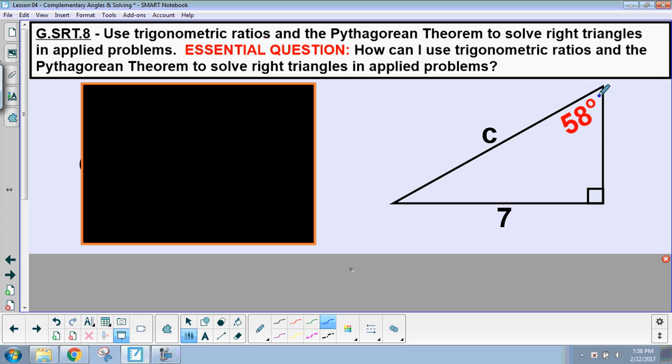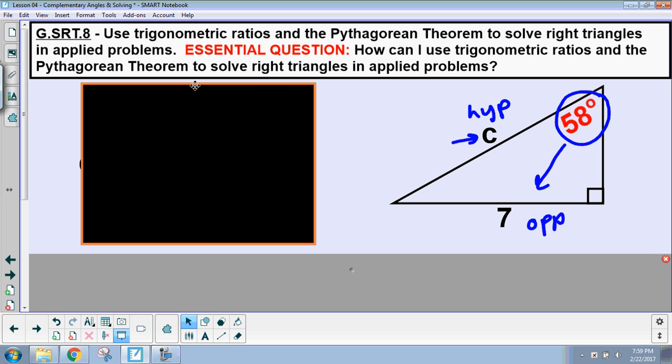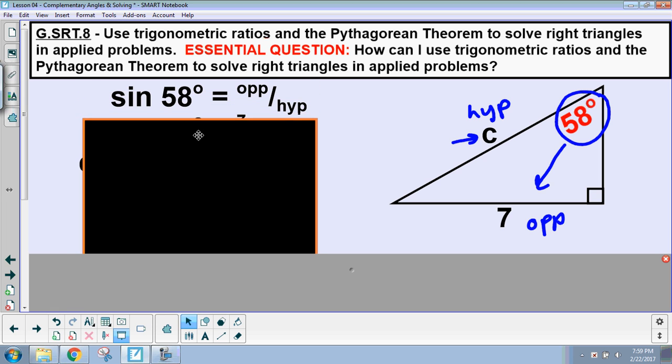Relative to the 58, 7 would be opposite. And then C would be the hypotenuse. In this instance, we're looking for C. Well, what trig function do you know has opposite and hypotenuse in it? That's right, sine.